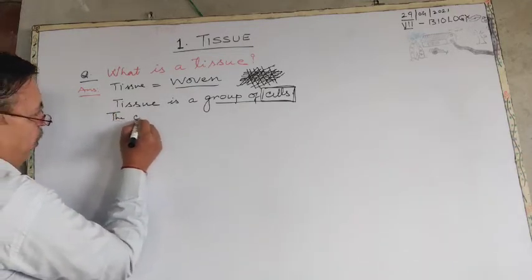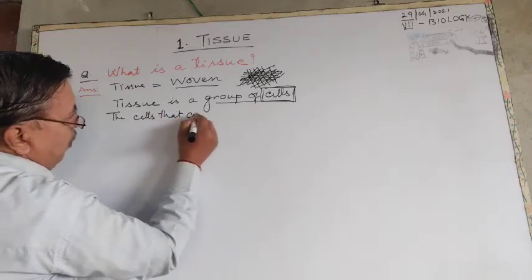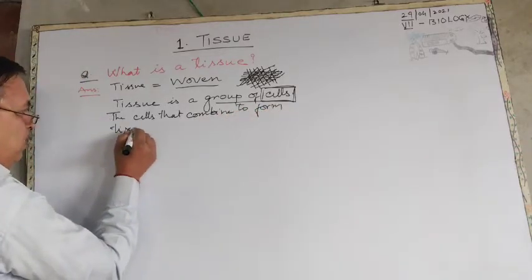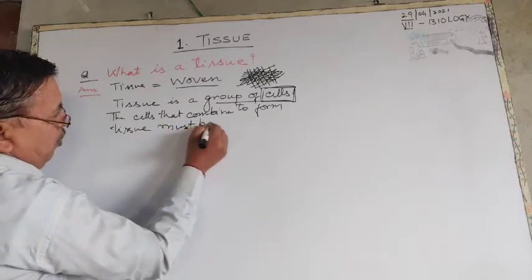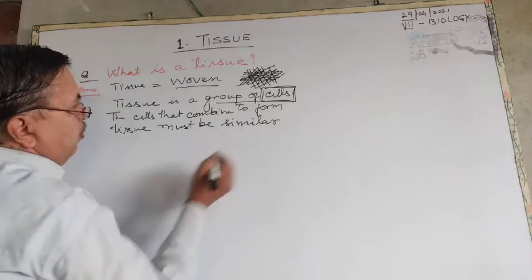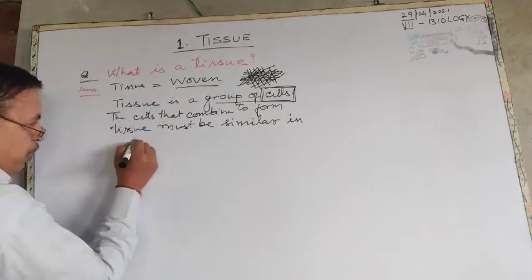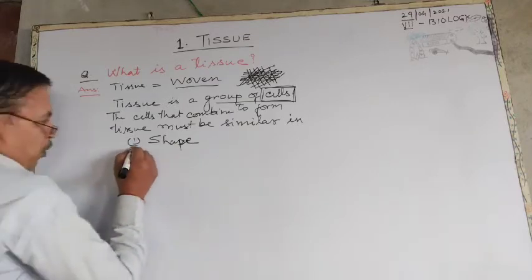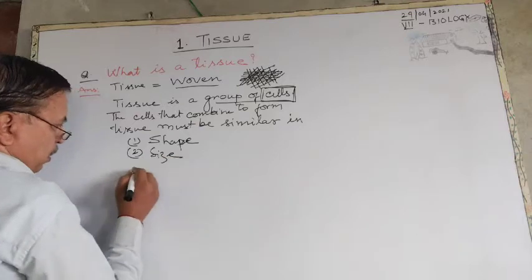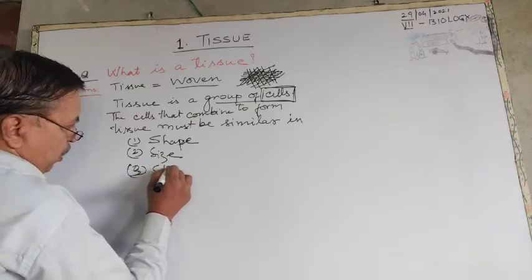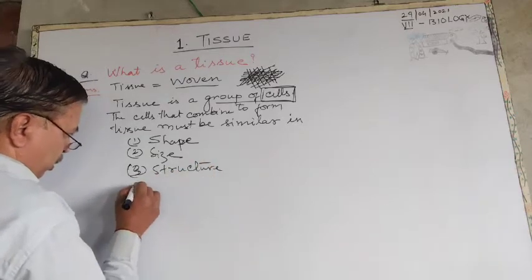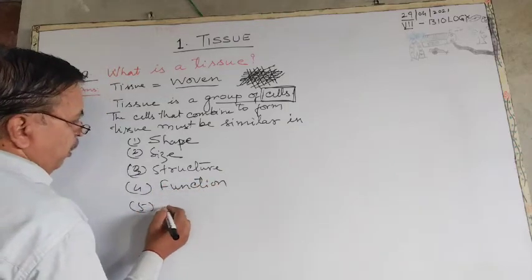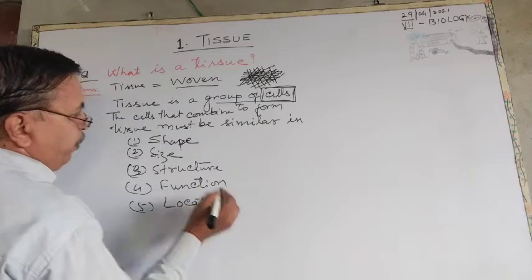The cells that combine to form tissue must be similar in shape, similar in size, similar in structure, similar in function, and similar in location.